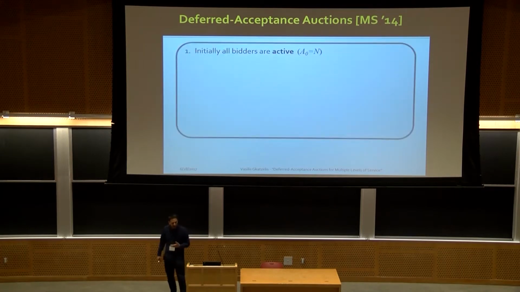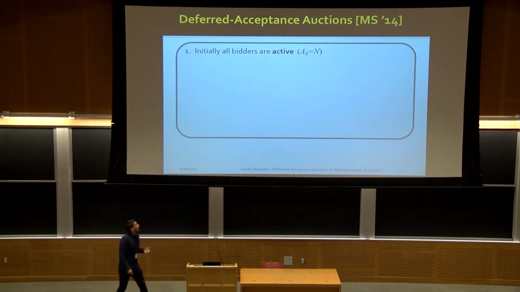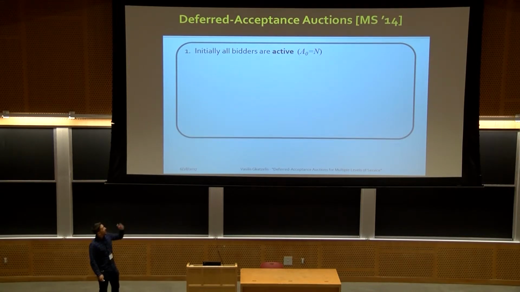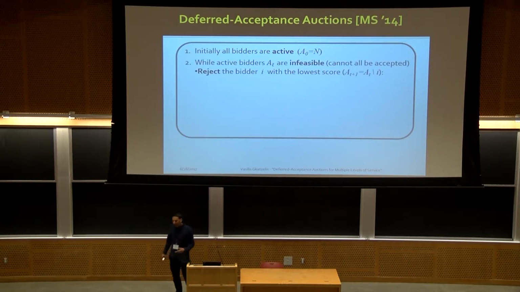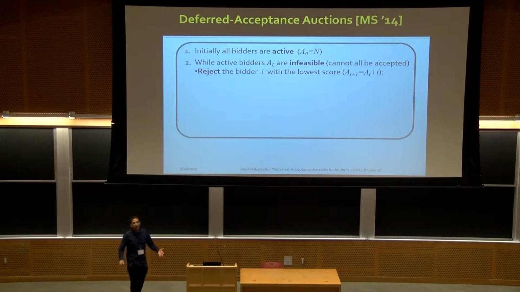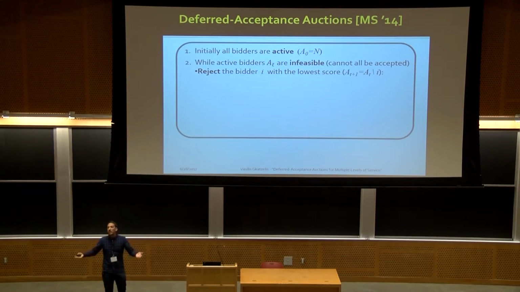And to formally define it, essentially it has a sequence of rounds, a sequence of stages. Initially, every bidder is active. So we say A sub 0 is the whole set of bidders, everyone who's participating. And then while the set of active bidders, A sub t, at stage t, is infeasible, meaning we cannot just accept everyone, that means we have to reject someone.